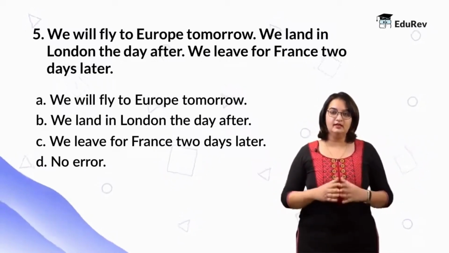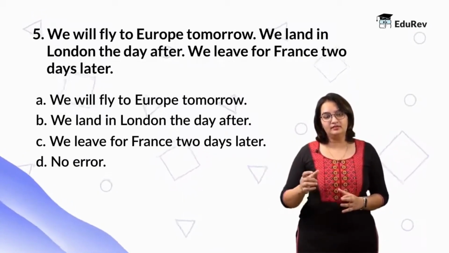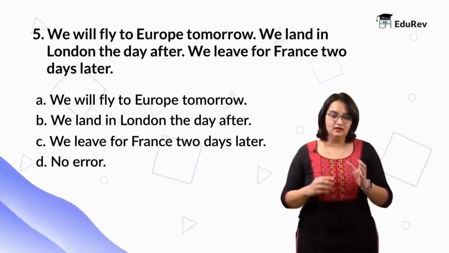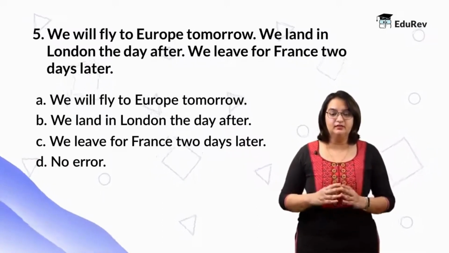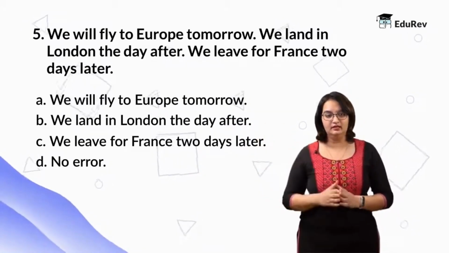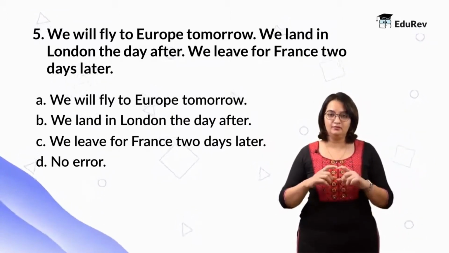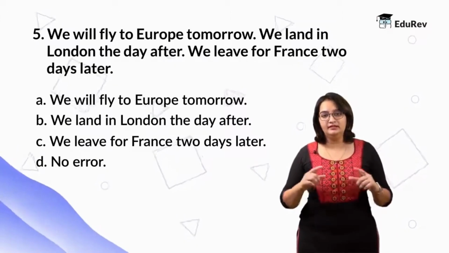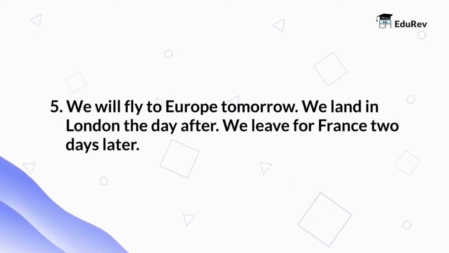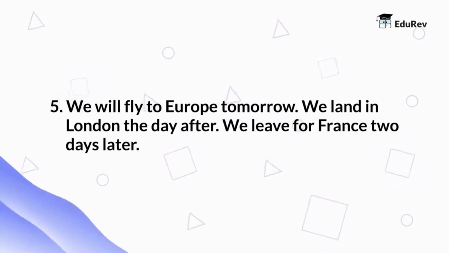In such cases, it is all right to use the present tense in order to justify what is going to happen next after a particular event, because after you have given a timeline, all the events are going to continue in that particular timeline itself. Also, please note that these three sentences form a part of a paragraph and they are not a single statement. So, the correct answer is, we will fly to Europe tomorrow, we land in London the day after, we leave for France 2 days later.